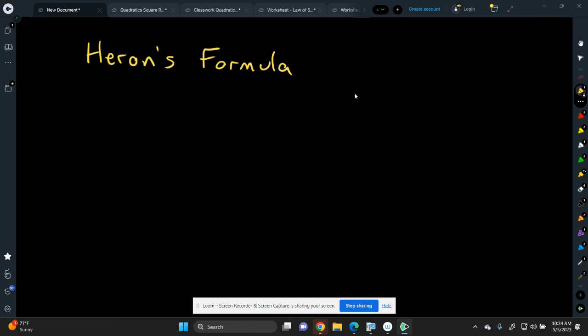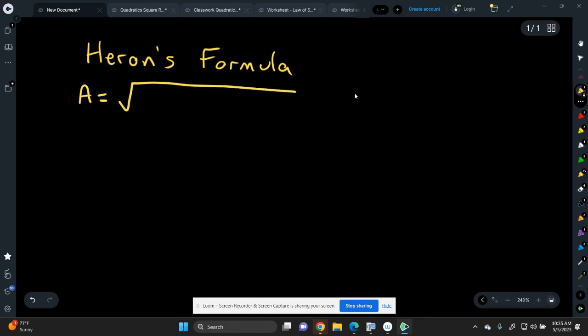The other one is what we call Heron's formula. And Heron's formula looks like this. This is kind of a weird formula.